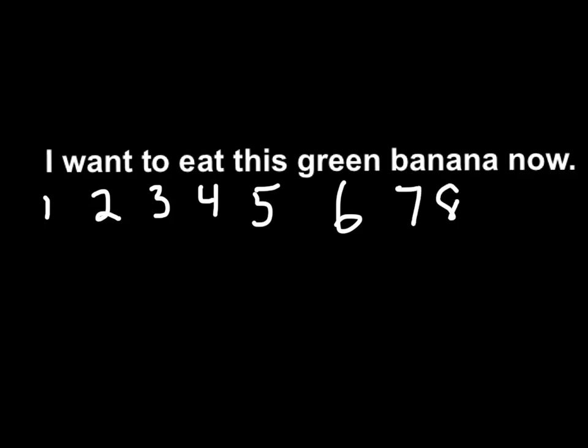As we begin to analyze lines of poetry, I want you to notice the pattern of stressed and unstressed syllables in each line. For example, in this line, I want to eat this green banana now, we have 1, 2, 3, 4, 5, 6, 7, 8, 9, 10 syllables total.